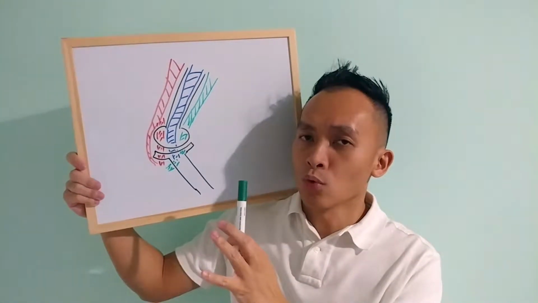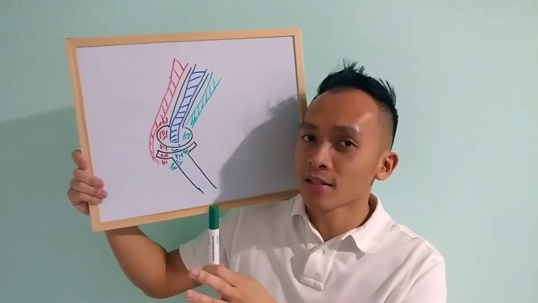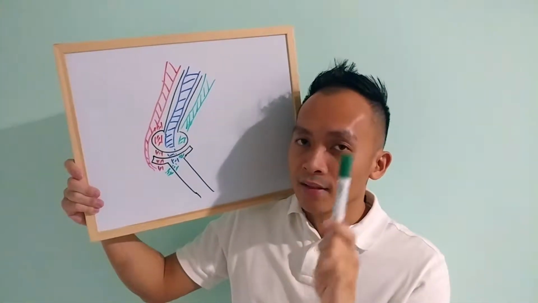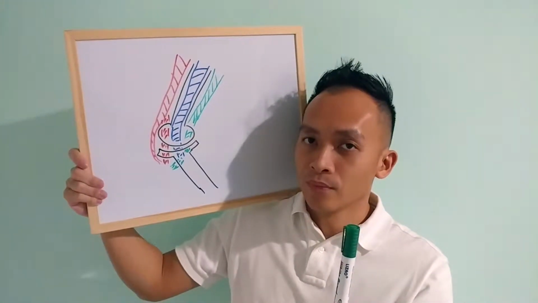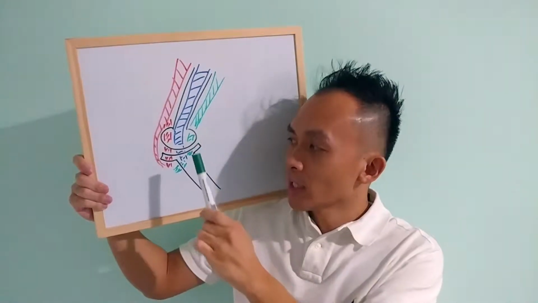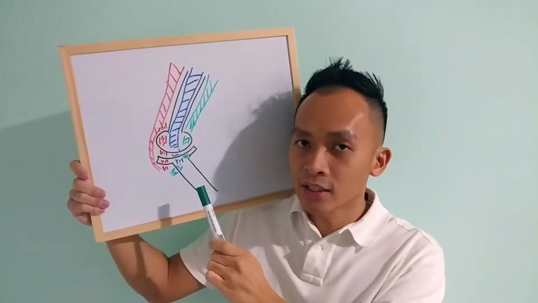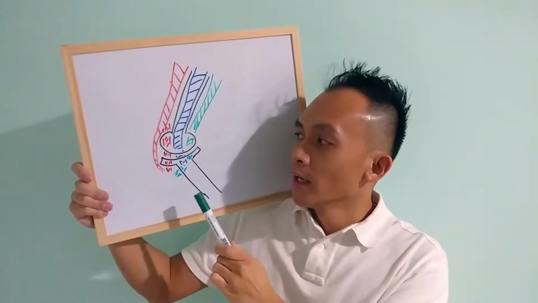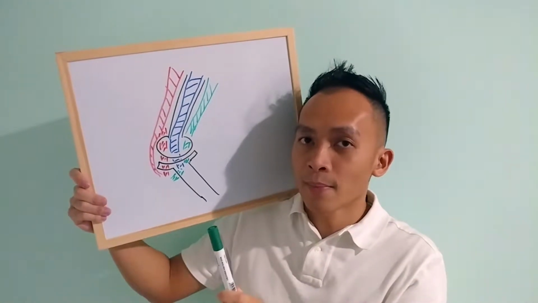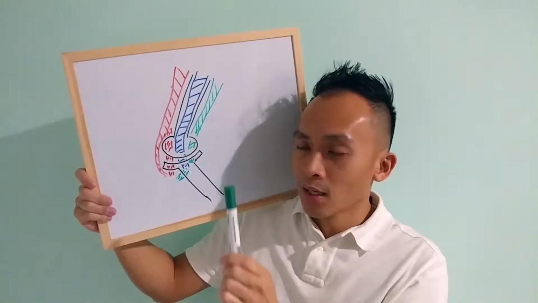I tried to mark them with different colors. The one that you see in black is your bone. This would be your femur bone, and that would be your tibia bone. The red one represents your quadriceps muscles.